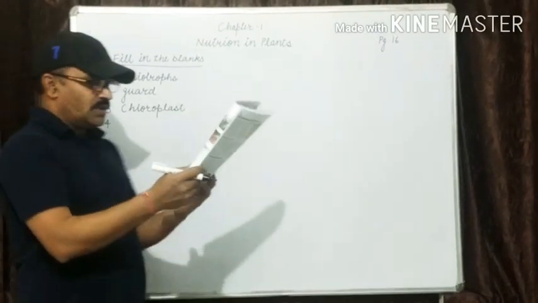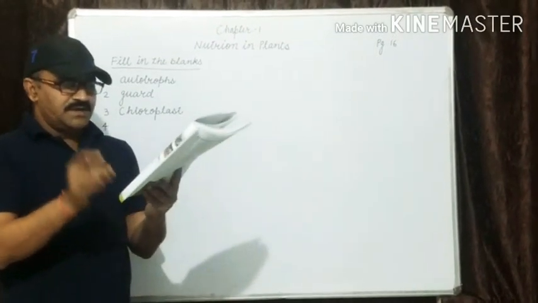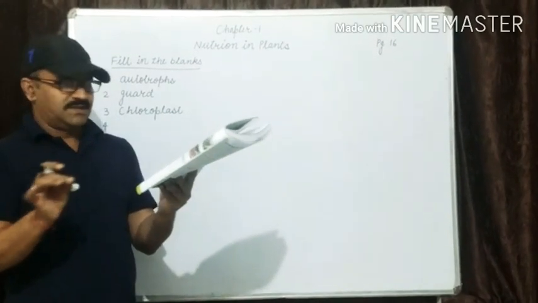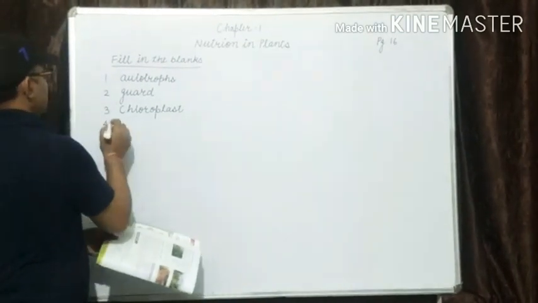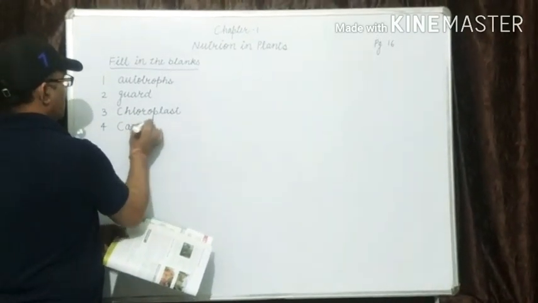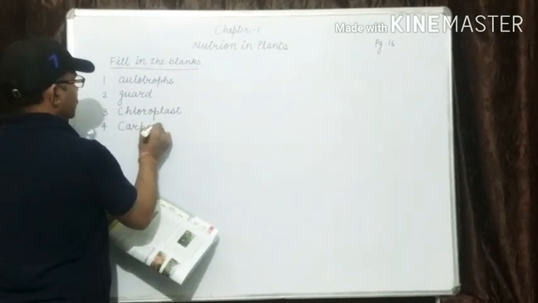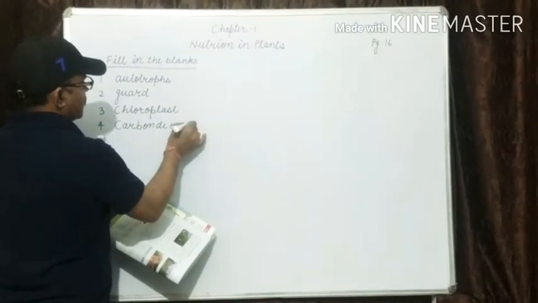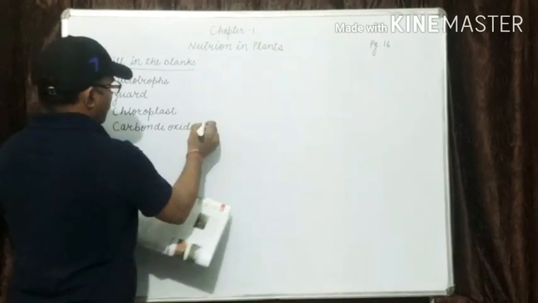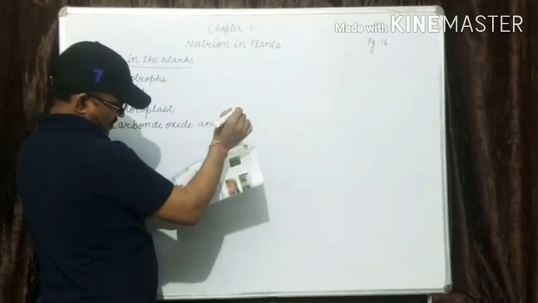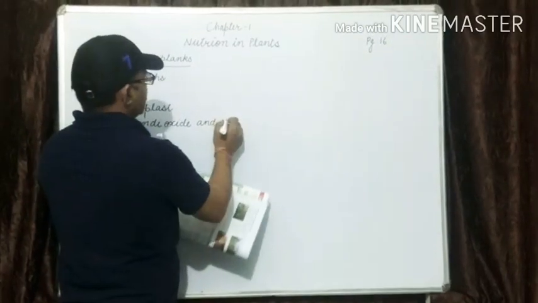Fourth, during photosynthesis, plants take in dash and give out dash. Answer is carbon dioxide and oxygen.